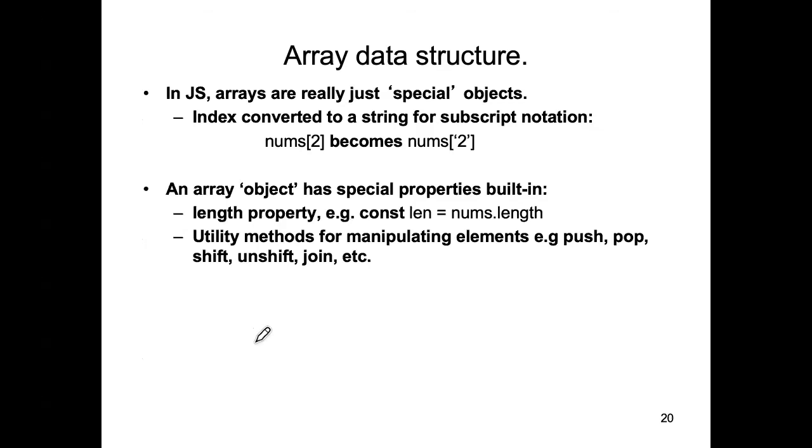Array data structures. This is the point I thought I was making earlier. From a syntax point of view, JavaScript does support the array structure, but internally it does not. Internally, the only structure it supports is objects. So when you declare an array in your code, it is actually converted into an object where the keys are 0, 1, 2, 3, 4, 5, and so on.